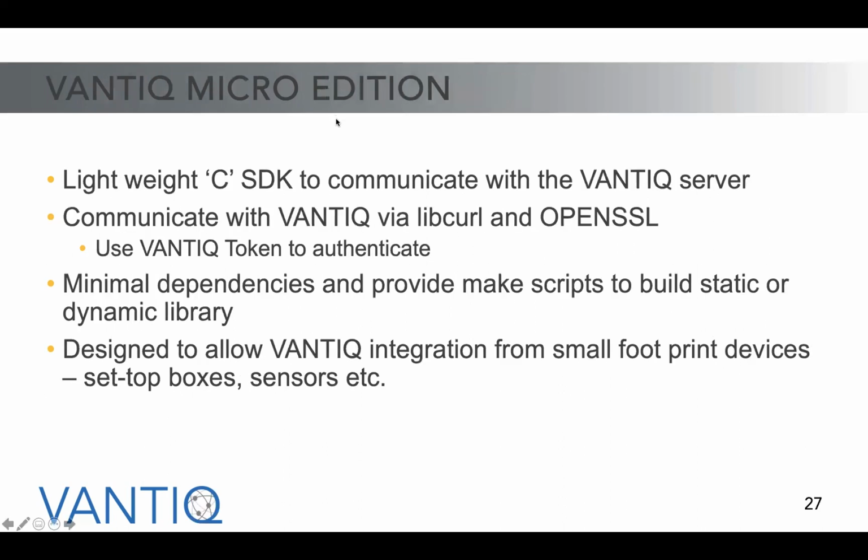Vantiq Micro Edition. This was the one that I was going to talk about. This was actually designed to allow Vantiq integration from very small footprint devices, like the components that run in 16 or 32-bit devices. So there's a C library, the CSDK, that allows you to create an application, and it basically uses a Vantiq token to authenticate back to Vantiq and sends information using OpenSSL.